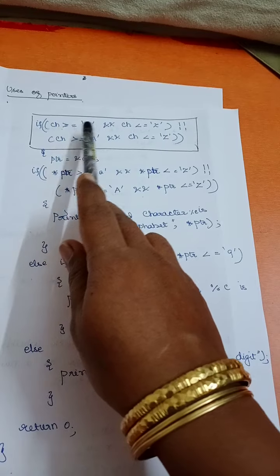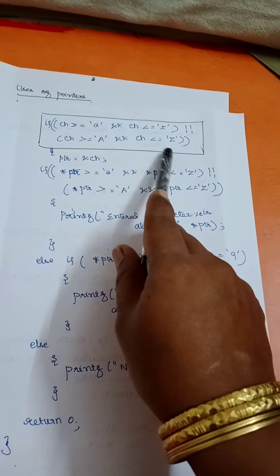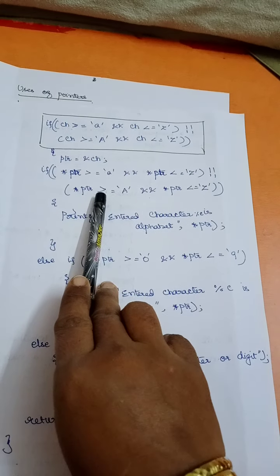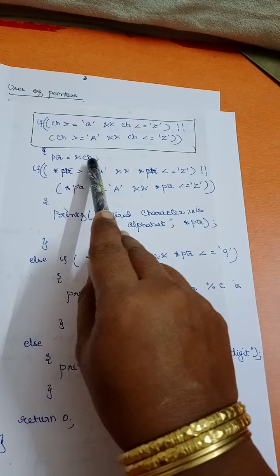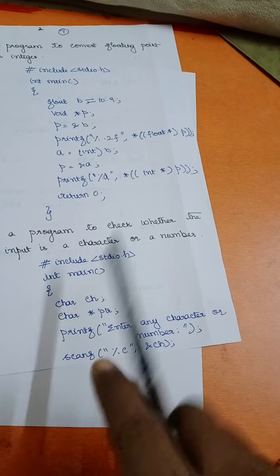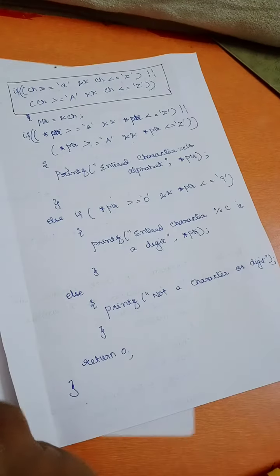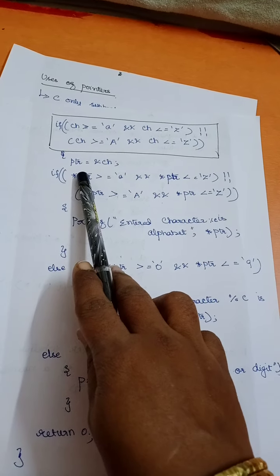Now see, this generally we'll use it, right? If the character is going to be between A to Z or between 0 to 9, that I am going to do with the help of the pointer value, right? So ptr is equal to &ch. We have already declared ptr is going to point to a character. So here I am assigning the address of ch to ptr.